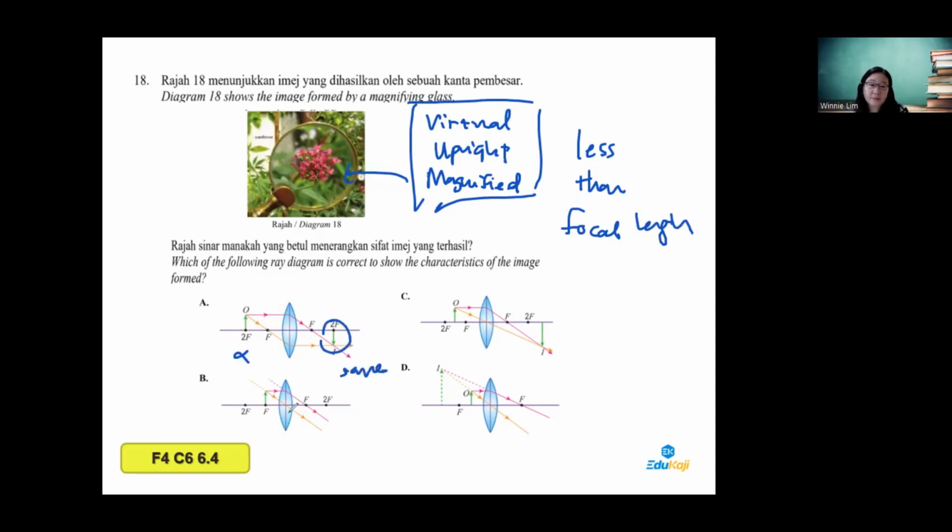This one is at infinity already, so you cannot really see the image. And for C, it's between F and 2F, it's supposed to be inverted, so again it's not suitable. The answer is D. You see, object less than focal length, then you have the upright and also magnified image.